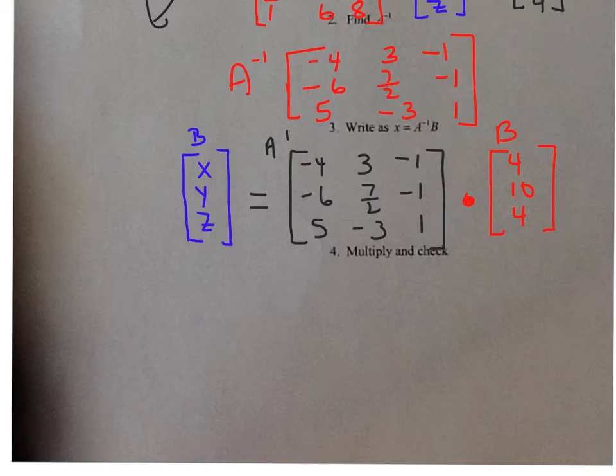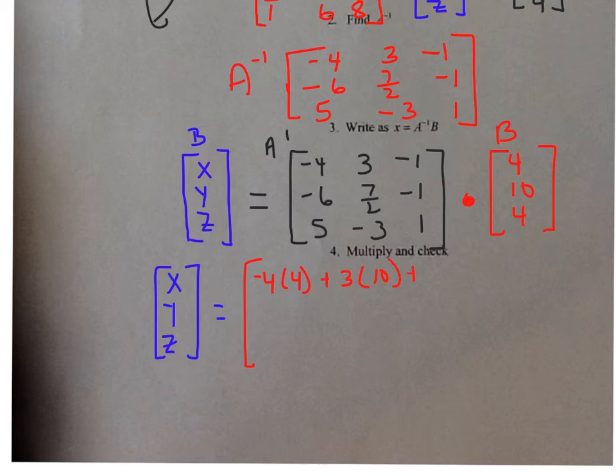So X, Y, Z is equal to, now I'm going to multiply. It's -4 times 4 plus 3 times 10 plus -1 times 4.